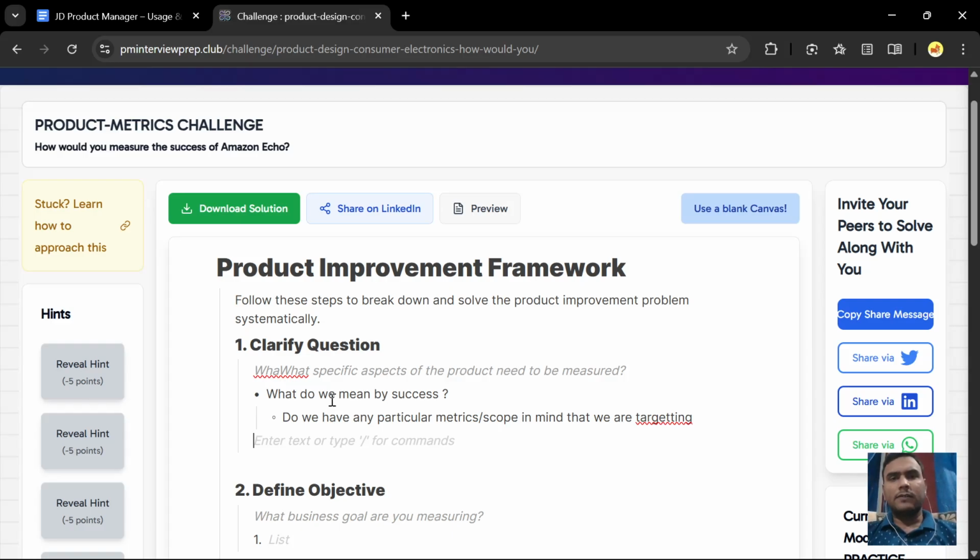Let me give a brief overview of what I understand about Amazon Echo. It is a physical device from the Amazon company, an interactive home bot that can do multiple tasks.